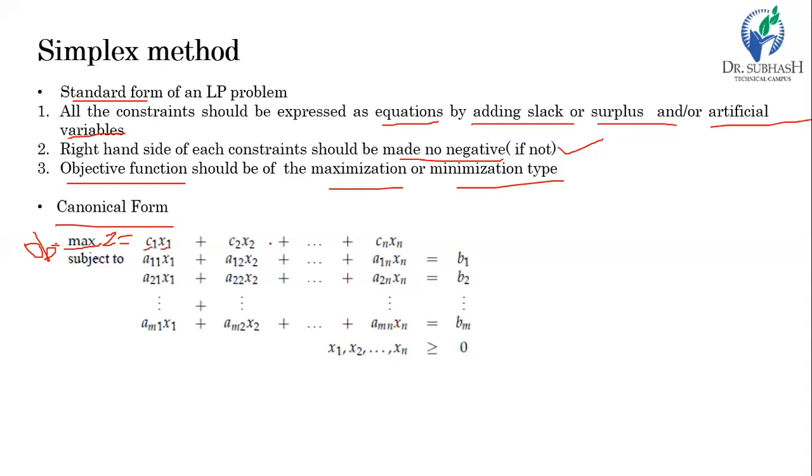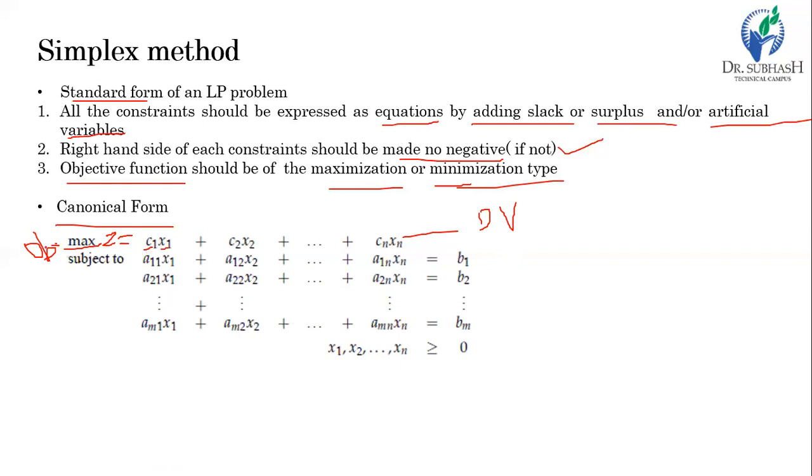Here x1, x2, x3 up to xn are all decision variables. And c1, c2, c3 are the profit coefficients in the maximization case, and the cost coefficients in the minimization case. So ultimately we can say they are profit or cost coefficients.